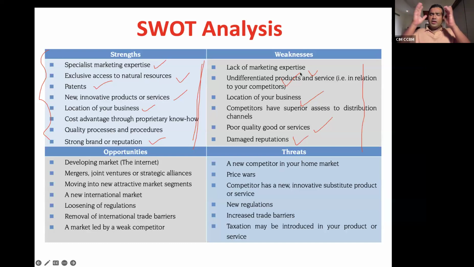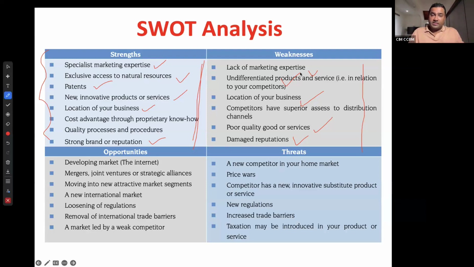So you have to carefully sit and think, what are the company's strengths and weaknesses? You can do this exercise for yourself as well. You know what your strengths are. You know what your weaknesses are. So you can sit with some managers and do this for your company. So remember, strengths and weaknesses are internal to the organization.